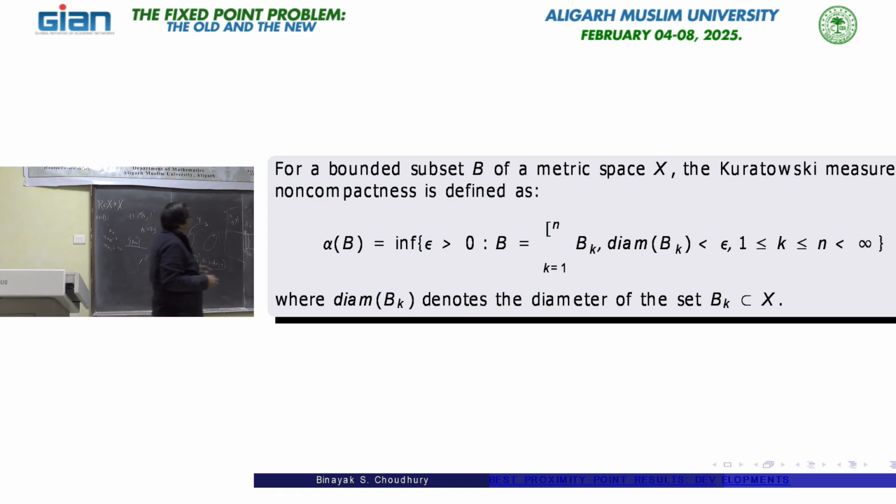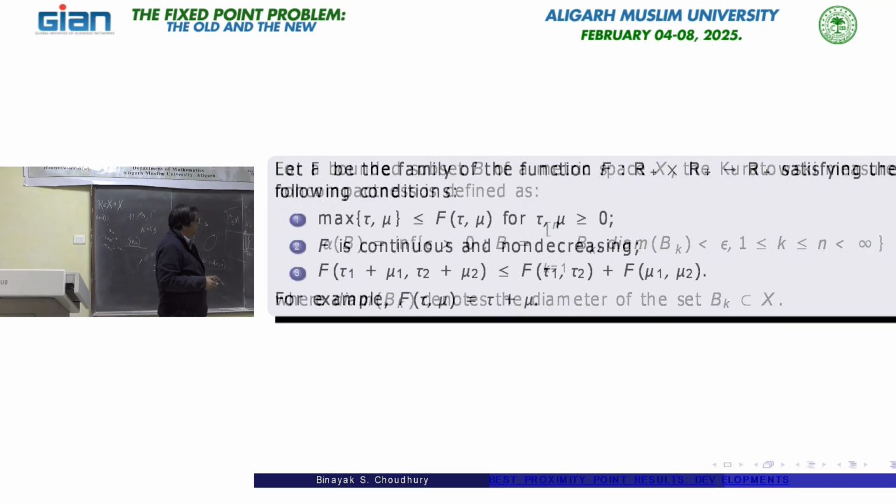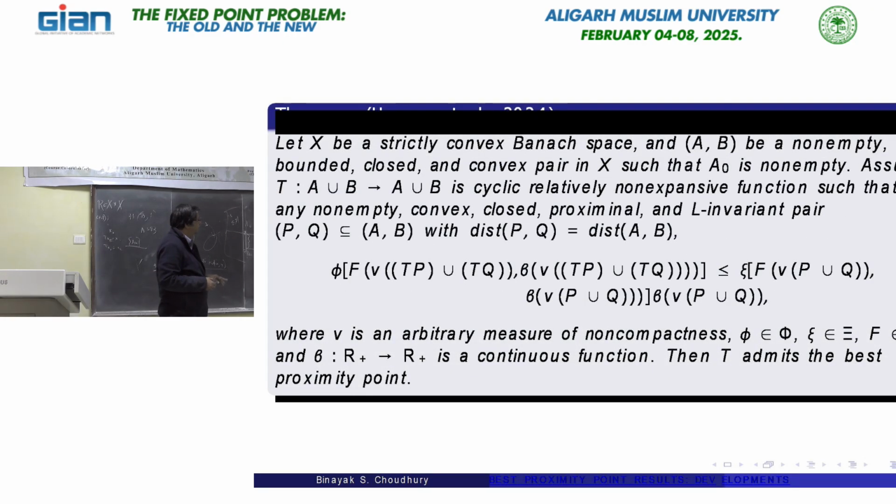I should skip the details and just say that with Caputo derivative, the fractional differential equation they have considered, under certain conditions, it has been proved that it has an optimal solution. I have not given the solutions.